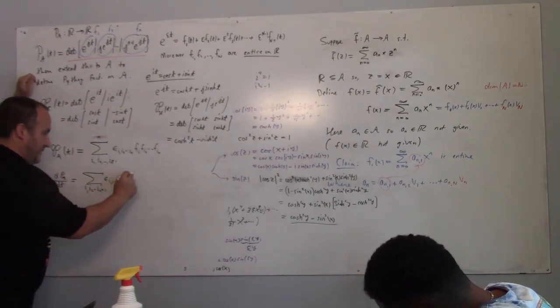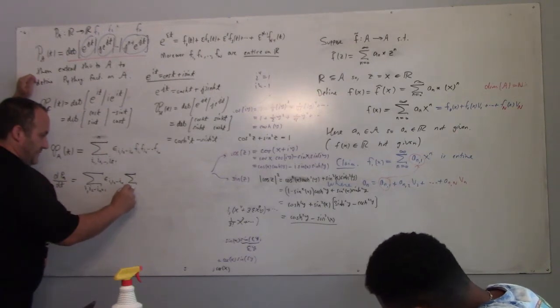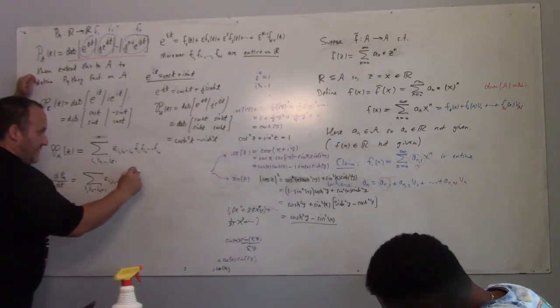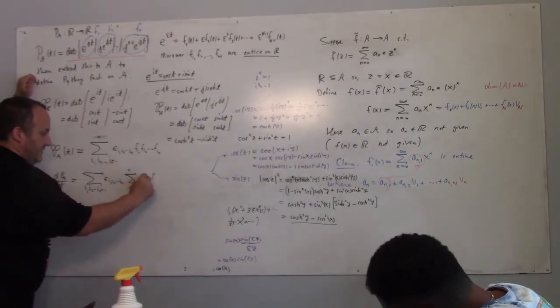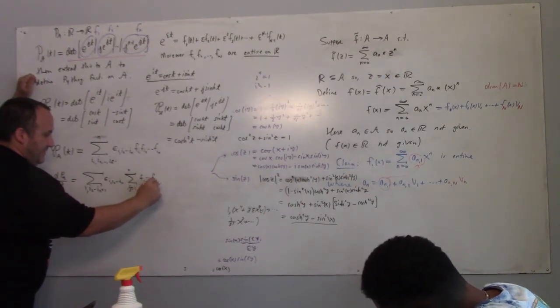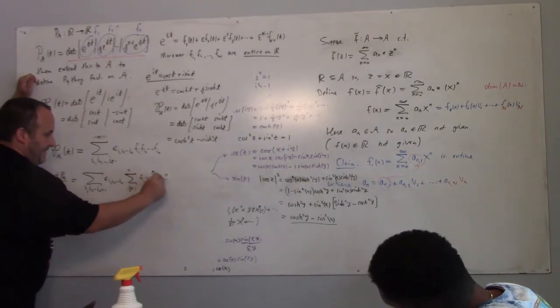So then I'll write it this way: the sum, let's say j equals 1 to n, of f i1 dot dot dot f i j hat dot dot dot f in.